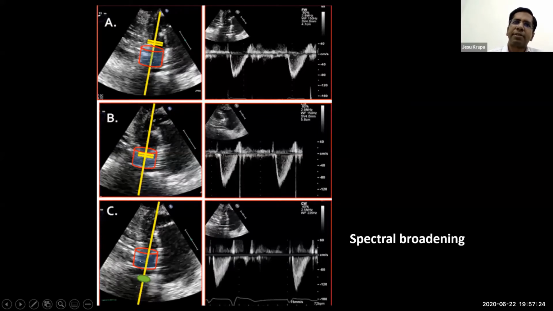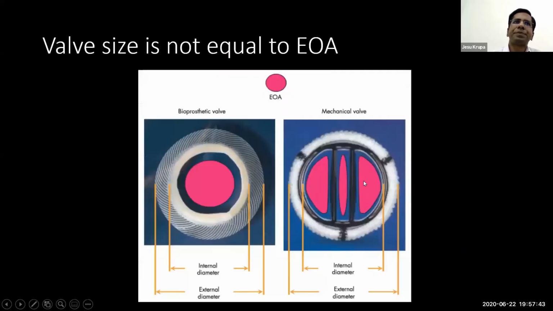You won't be able to trace the modal velocity anymore. Whereas if you are too far towards the apex, then you will falsely underestimate the velocity. That is why you need to go towards the apex, come towards the valve, and then settle down at a position where you get a nice crisp modal velocity.